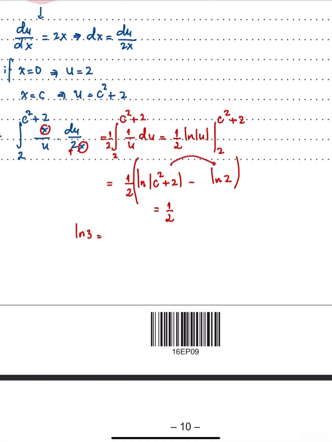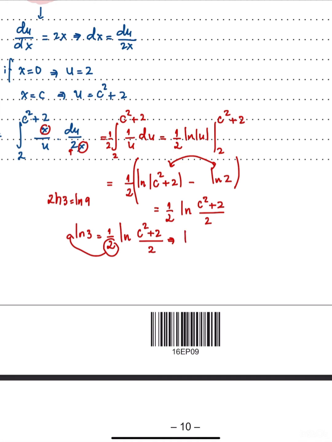For this and this, we can use the division rule. So that will be 1 over 2 ln of c squared plus 2 over 2. Then we can cross multiply, so it will be 2 ln 3, which is ln of 3 squared, or ln 9.